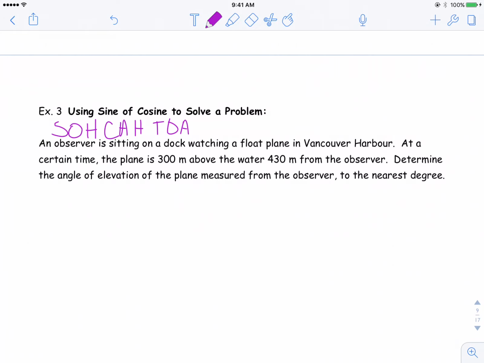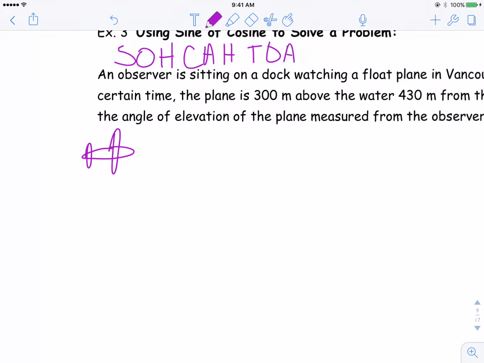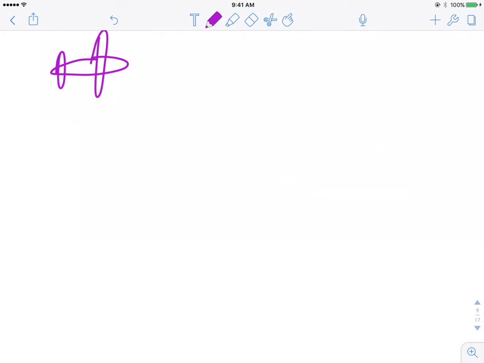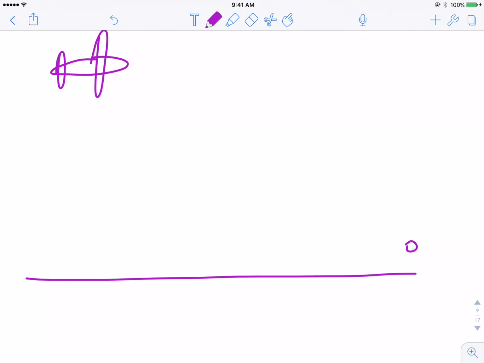Well, I can't do anything without seeing some kind of picture or diagram, so I'm going to draw myself a little picture. There's my airplane. Here's my ground or water. I'm assuming he's sitting at a dock. It's a float plane, unless of course the question specified that. So here's Buddy over here.